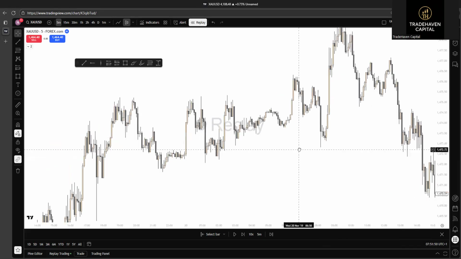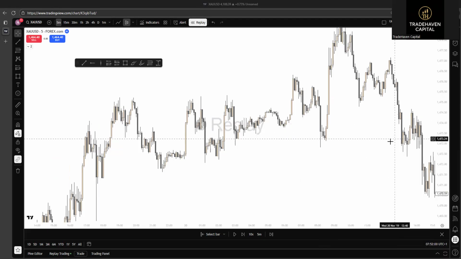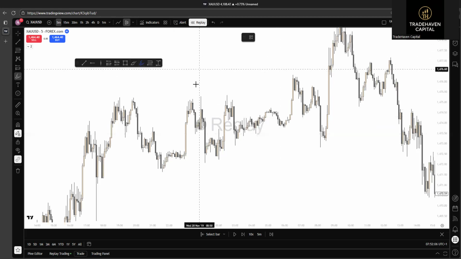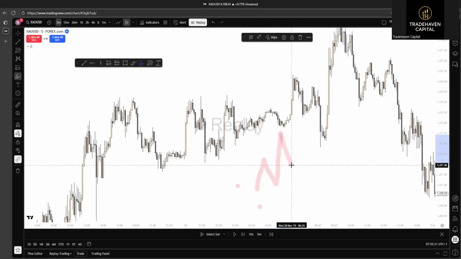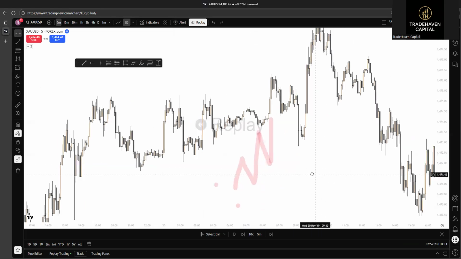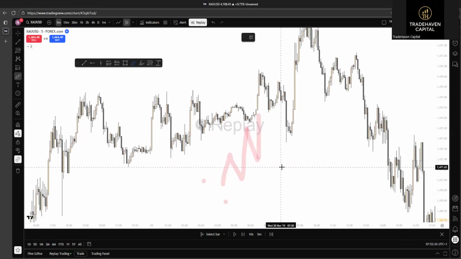So now this movement creates what we call the highs and the lows of the market, like higher highs. When we have this high, then the next high is a higher high, and it also creates what we call a lower low, something like this.